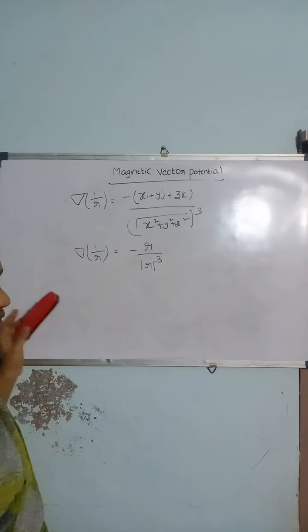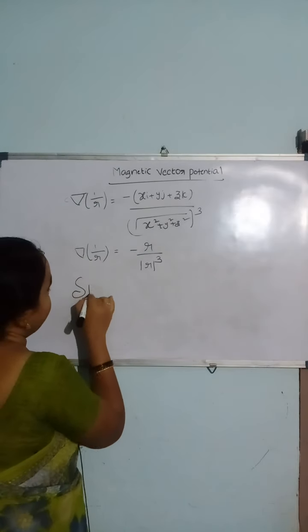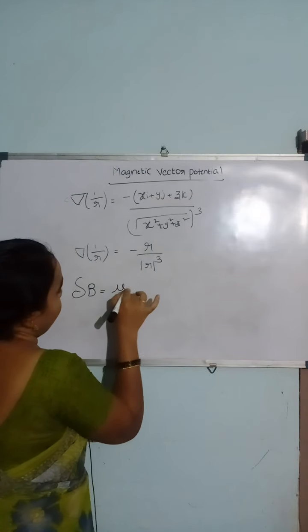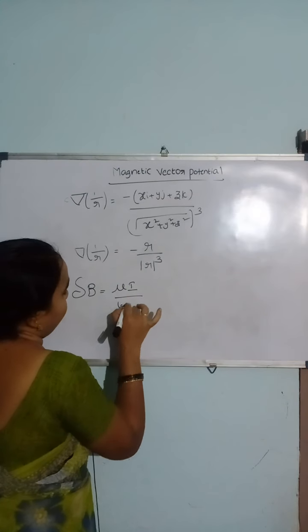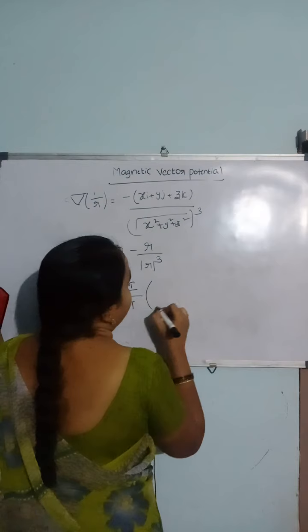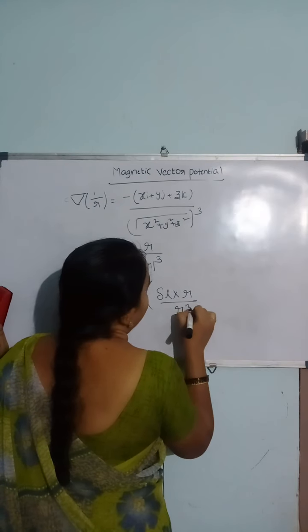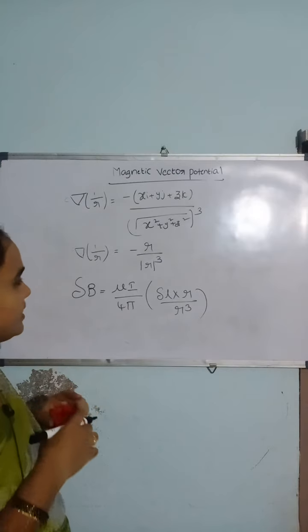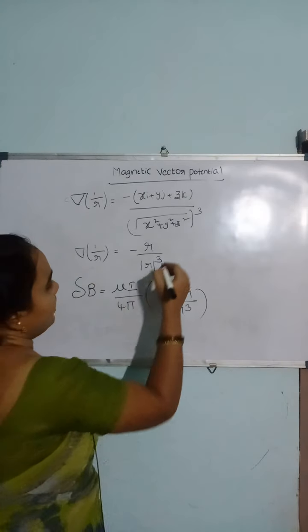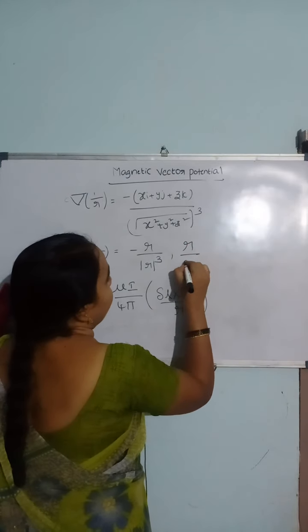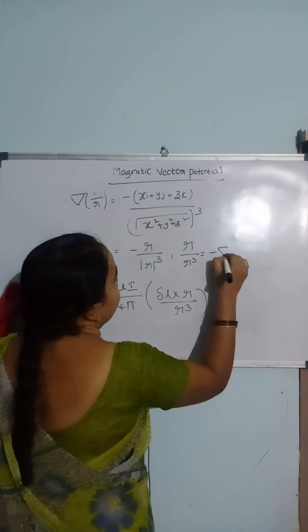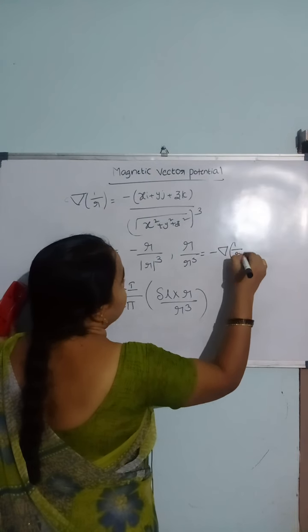According to Biot-Savart's law, delta B is equal to mu I by 4 pi delta L cross R by R cube. So we can replace R by R cube with minus del of 1 by R from this equation.